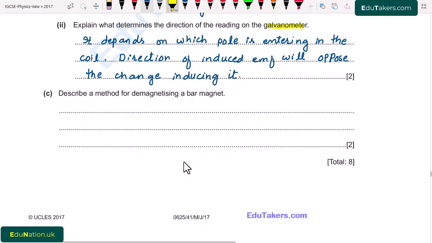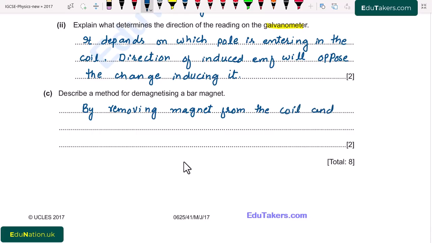I write here, by removing the magnet from the coil and decreasing the current to 0, so that the bar magnet gets demagnetized.